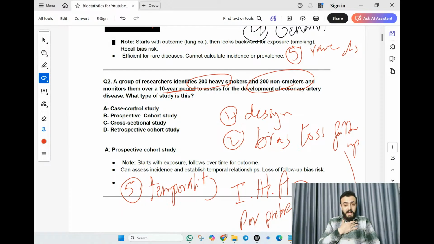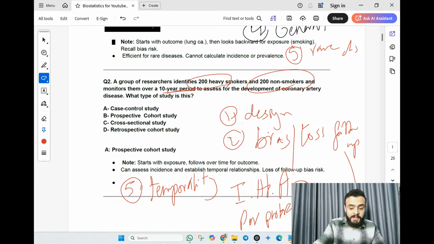If I ask you which study design gives a stronger association, case control or cohort? Cohort gives. Why? Because it has temporality. The risk factor precedes the disease. Clear? Okay, temporality.